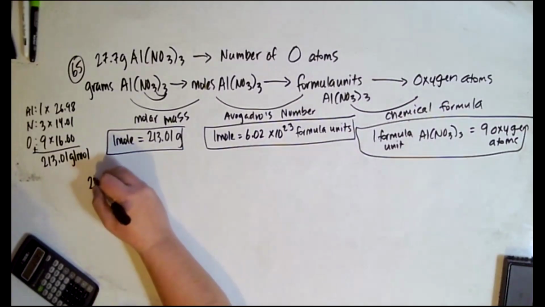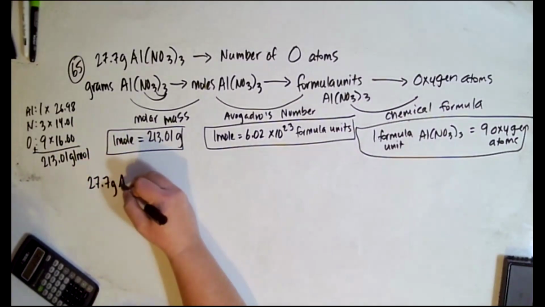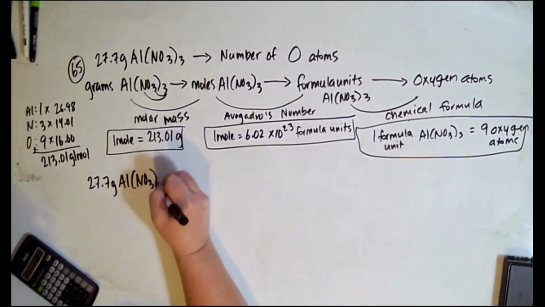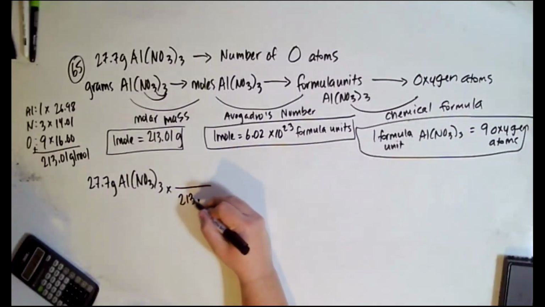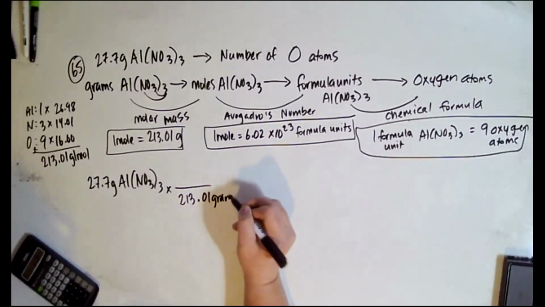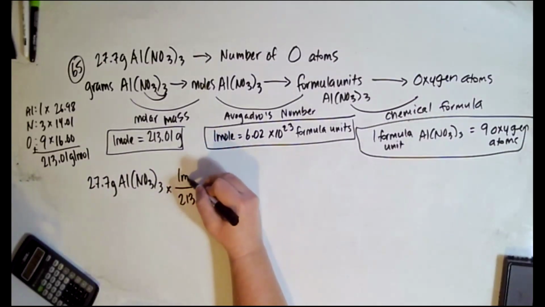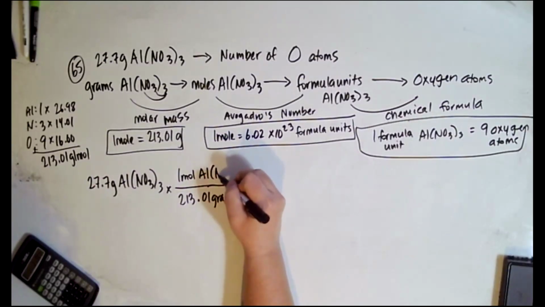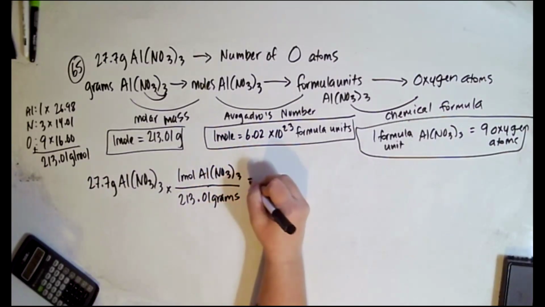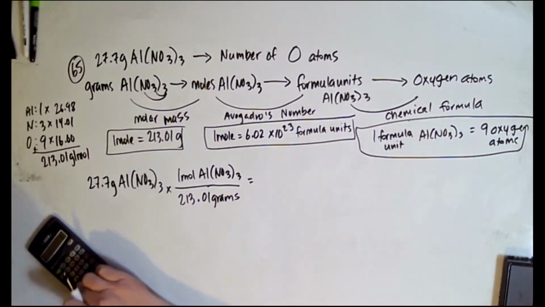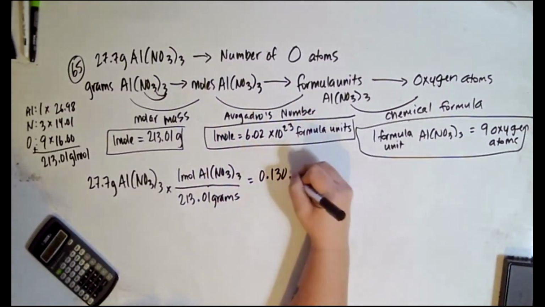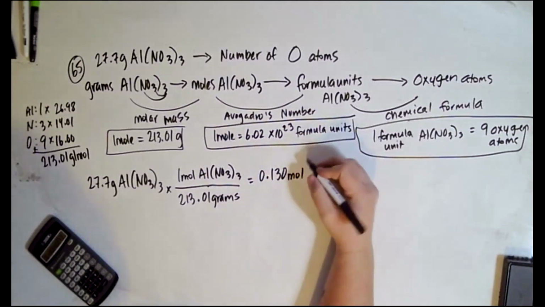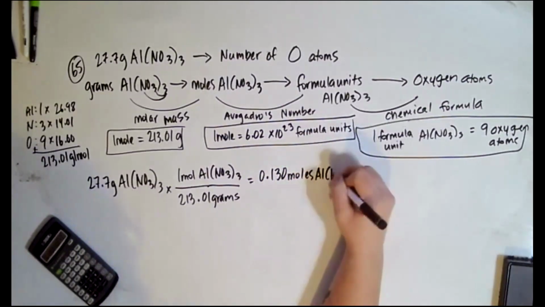All right, so we start off with 27.7 grams of Al(NO3)3, and we're going to use our molar mass. That tells us for every 213.01 grams, that's going to be 1 mole of Al(NO3)3. So now we have 0.130 moles of Al(NO3)3.